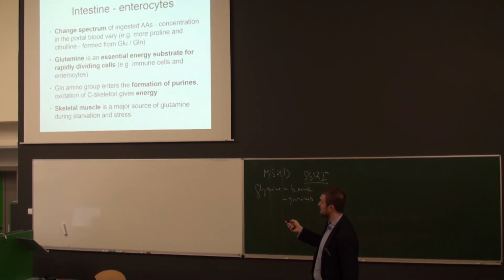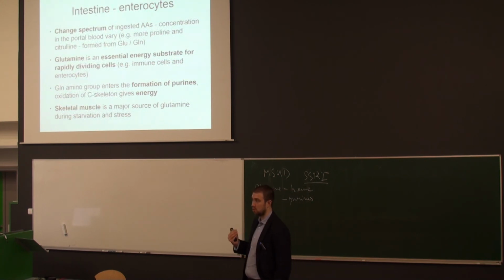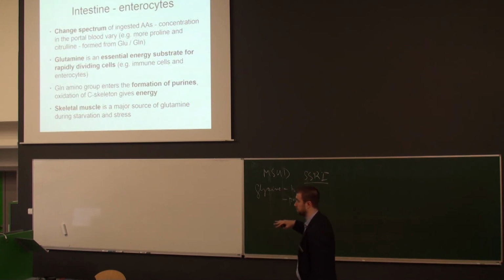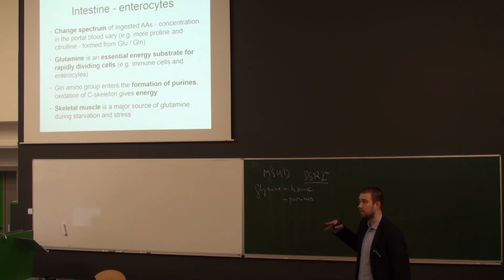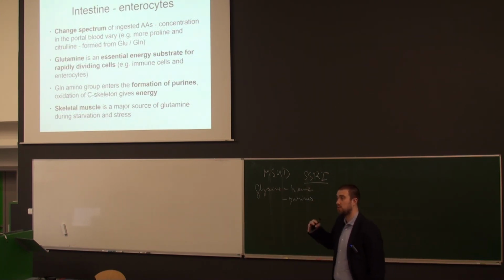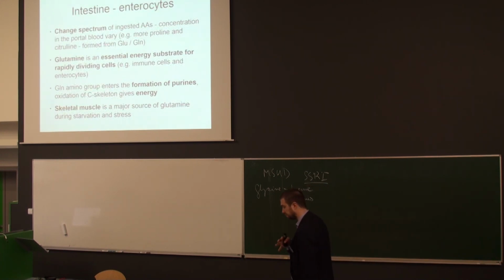Typically, they secrete a higher amount of proline and citrulline, and on the other hand, they consume glutamate and glutamine. So they secrete a lower amount of these two amino acids. Glutamine altogether has a very unique position for enterocytes.